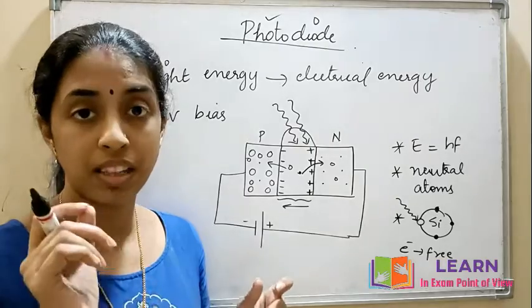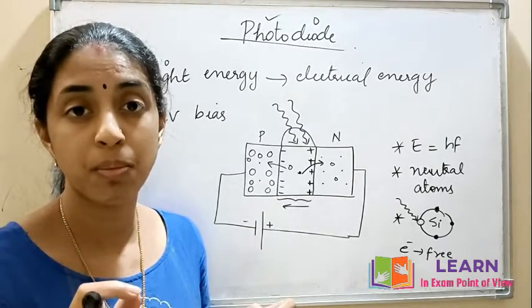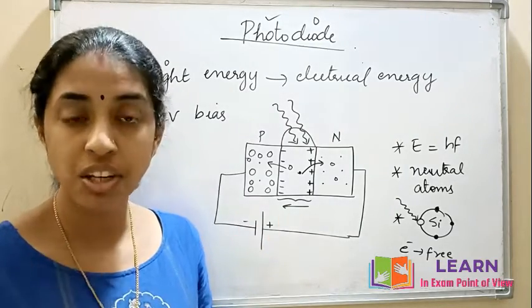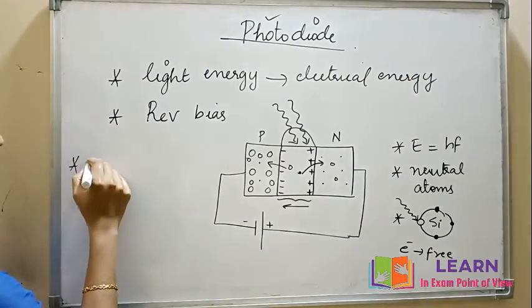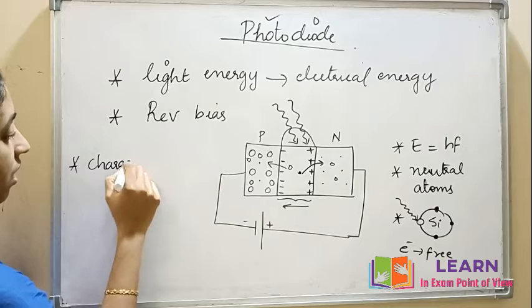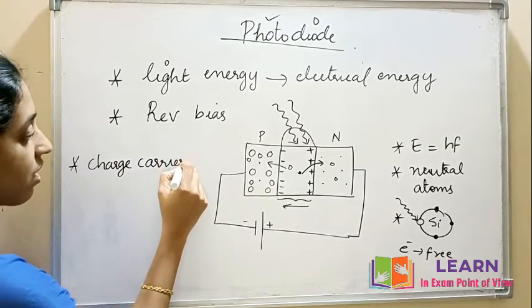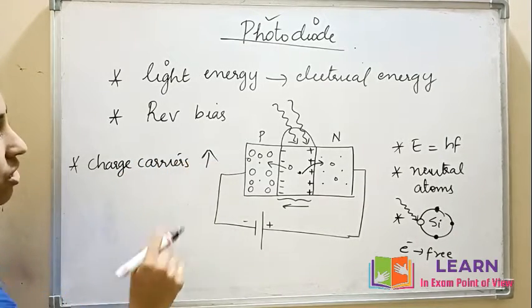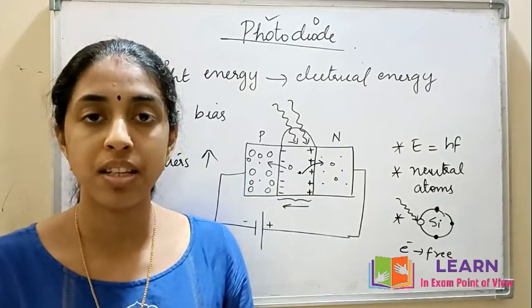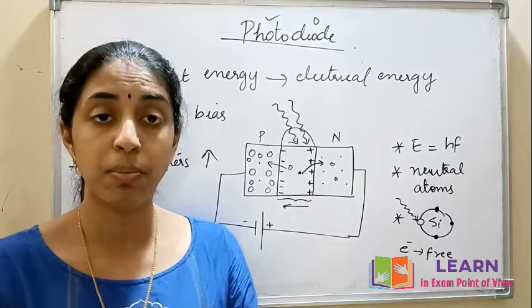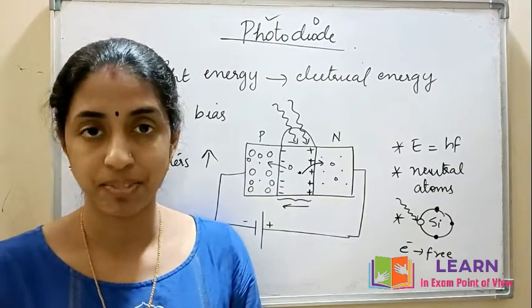The next important point you have to remember: the number of charge carriers increases. And what happens when charge carriers increase? There will be a high jump in current.